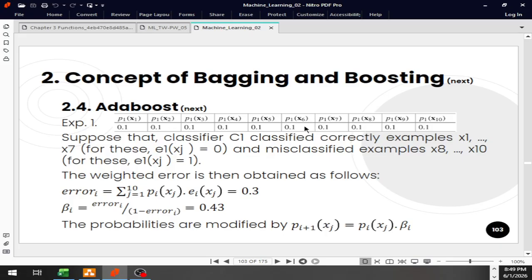It means we are going to reduce their probability, and we are not going to touch the misclassified, so we are going to reduce the probability of the well classified and keep the others untouched. And then we do the normalization. Why are we doing the normalization? Because we are supposed to have the sum of all the probabilities equal to 1, and you will see that in the example.